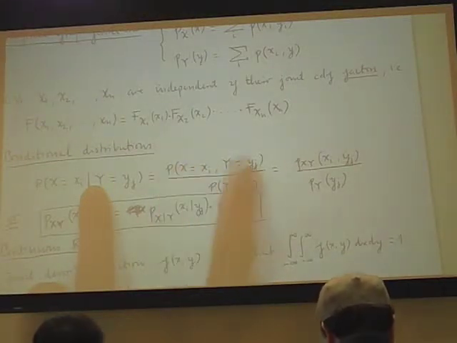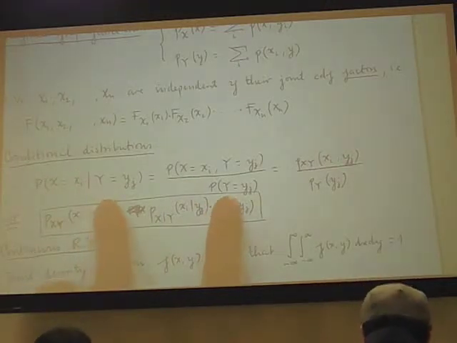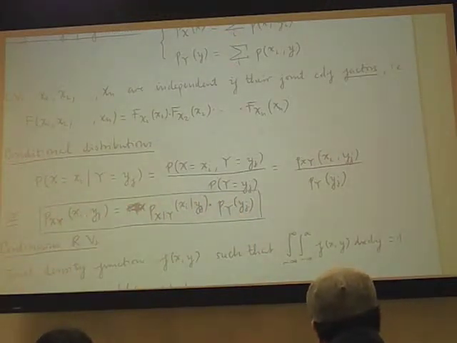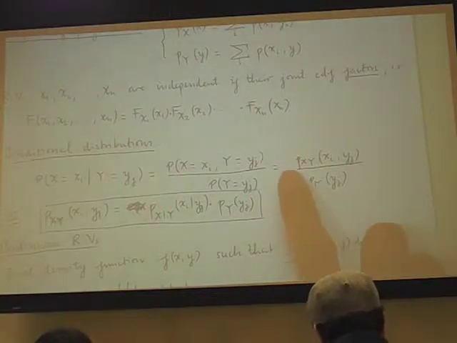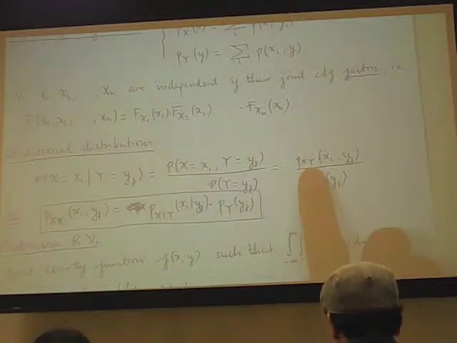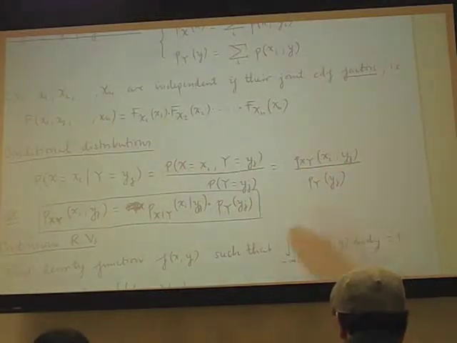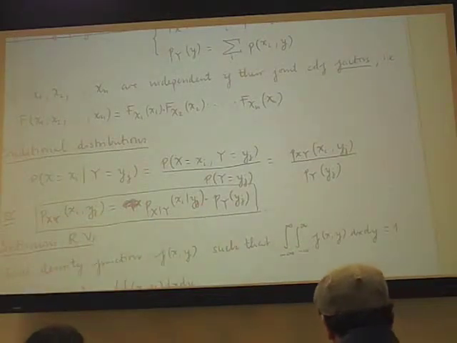That's a joint distribution, so I write that, divided by the probability of the condition right there, namely y equal to yj. Or in math notation, you can just write it like this: P sub xy of xi, yj over P sub y of yj. Or if you cross multiply, you get exactly this guy.